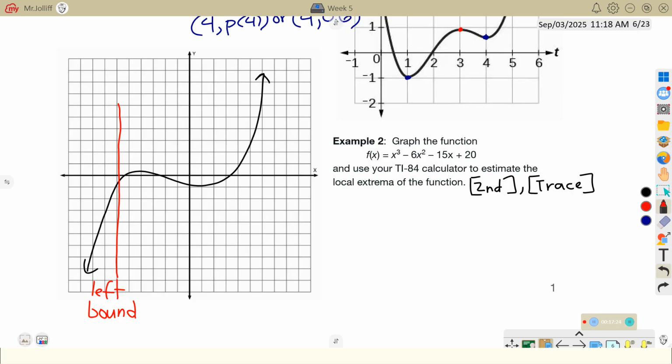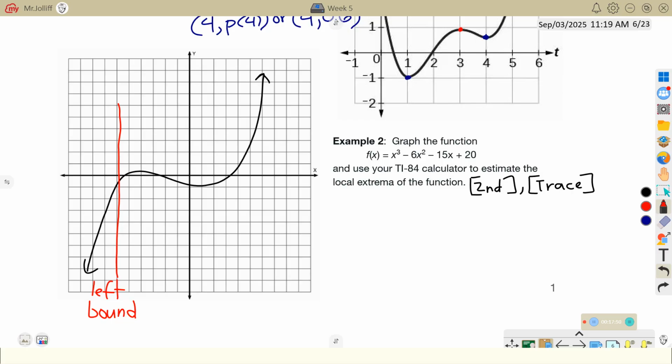Doesn't have to be precise, but you want it to the left of where you think your max is. What the calculator is asking you for is a search area. Where should it look for that local maximum? So we're going to set our left bound by moving the cursor to the left of the peak and pressing enter. After you've done that, what do you see on your screen? You see a line where your left bound was, and now what is it asking for?